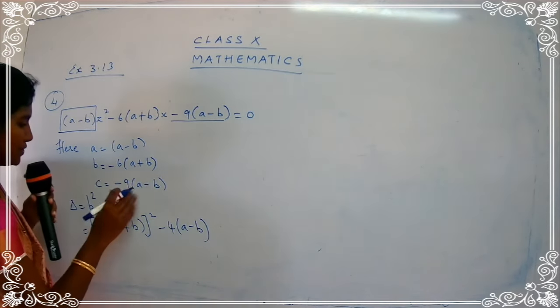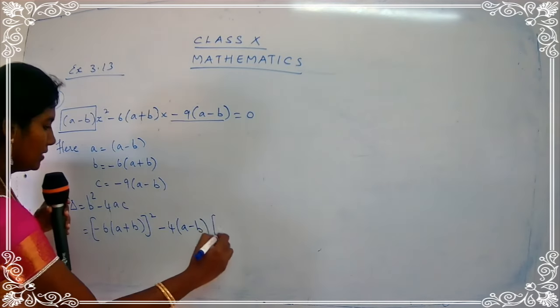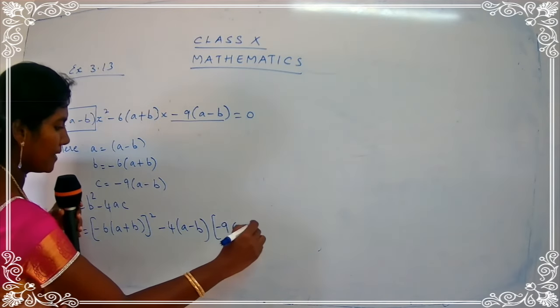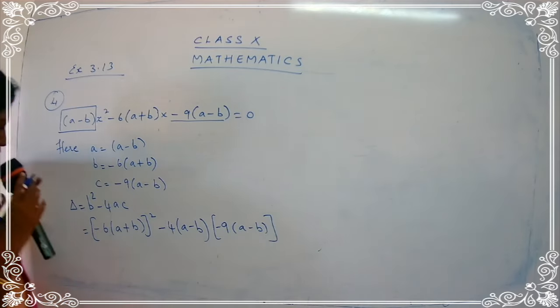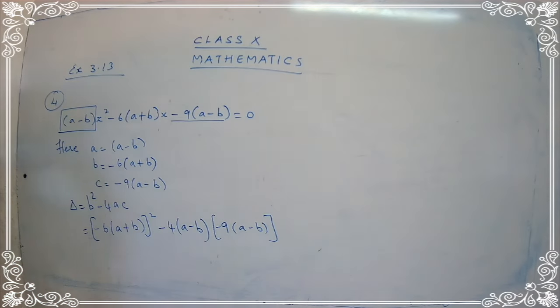Minus 9 a minus b. So try to write this in a bracket, children. Minus 9 a minus b. That's all. So we have substituted the values for b square minus 4ac. That's minus 6 a plus b the whole square minus 4 into a minus b into minus 9 a minus b. Let's open the bracket.